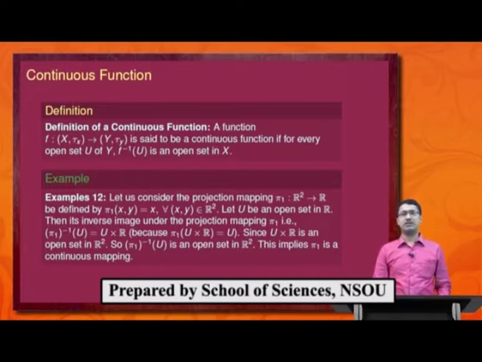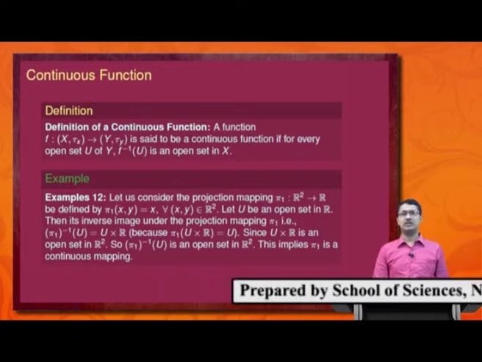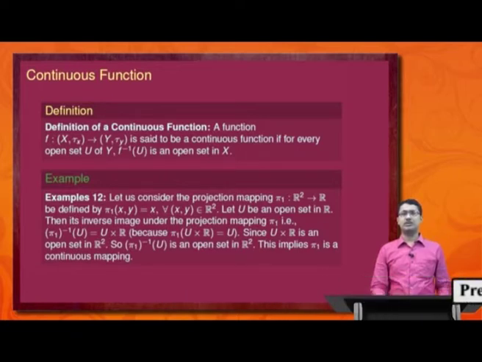So pi_1 inverse of U is an open set in R square. This implies pi_1 is a continuous mapping. Similarly, if we choose another projection mapping pi_2 from R square to R, defined by pi_2(x, y) equal to y, with similar logic we show that pi_2 also forms a continuous function.